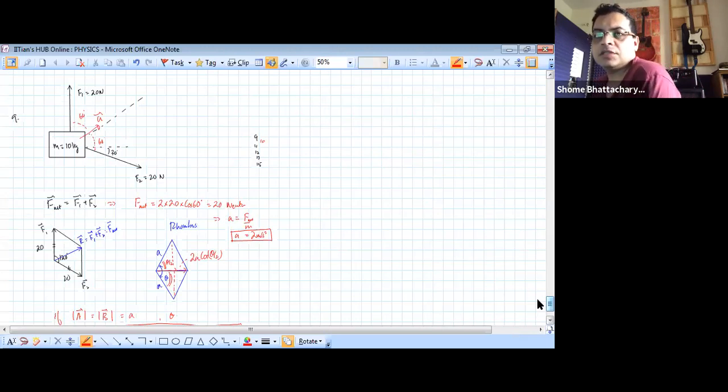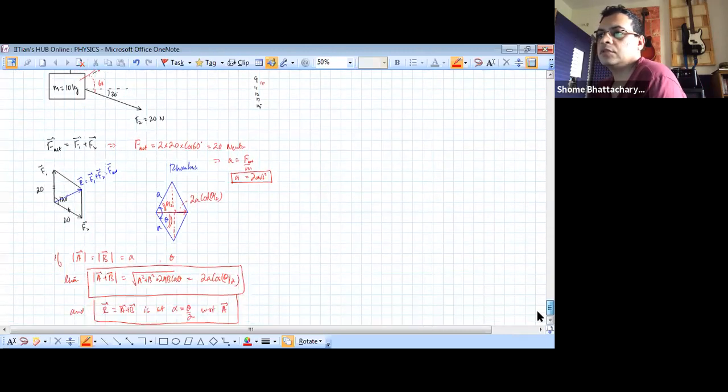So hope this is clear. So this is just that little theorem from vector algebra.